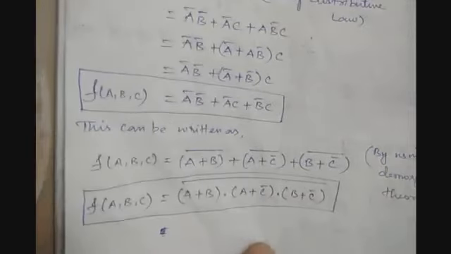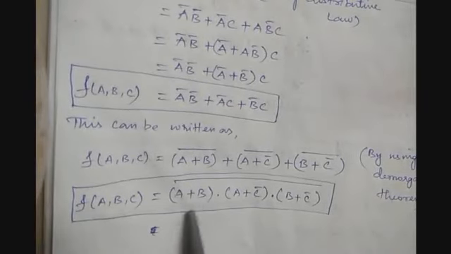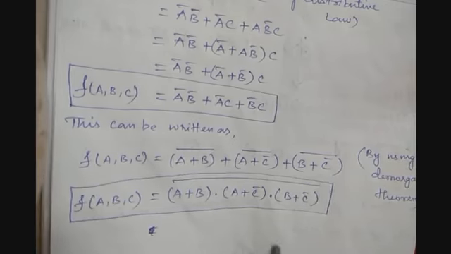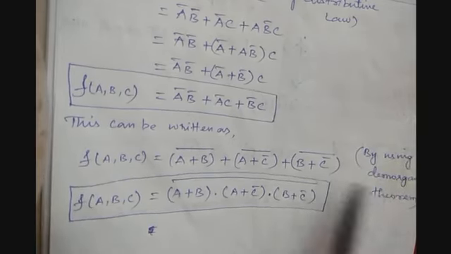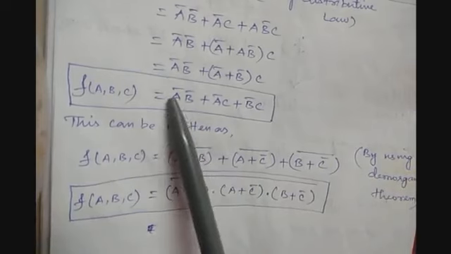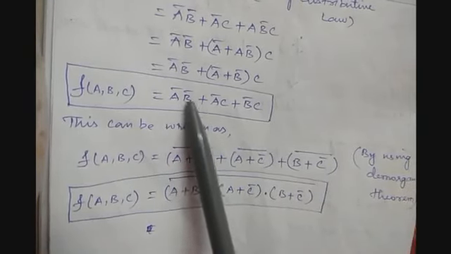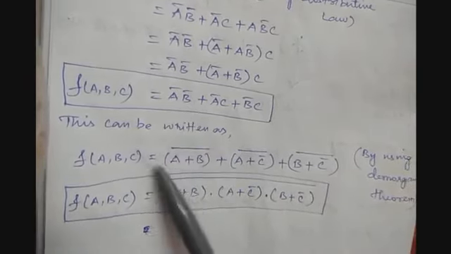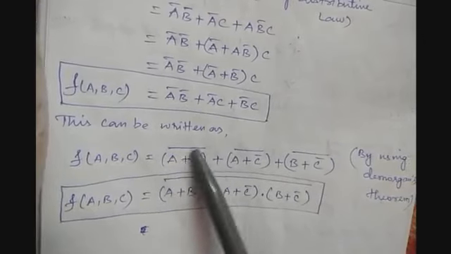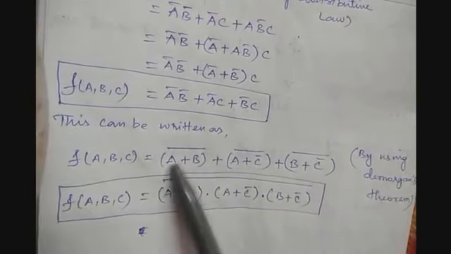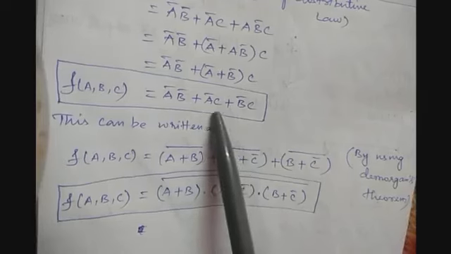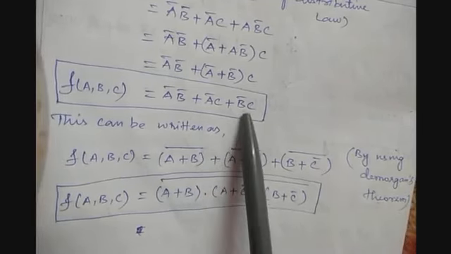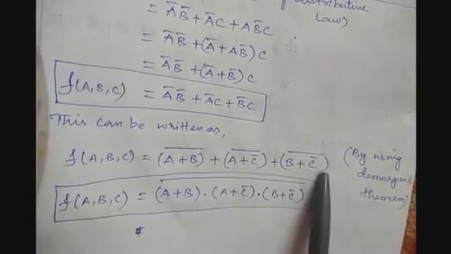I can write it like this also. This kind of simplification we have not discussed in the class. Anyhow, just observe that by using De Morgan's theorem we can write like this. a bar dot b bar can be written as a plus b whole bar according to De Morgan's theorem. In the same way, for the second term and the third term we can write like this.